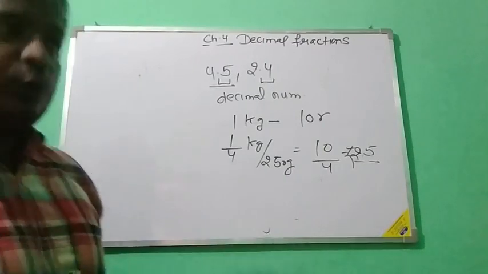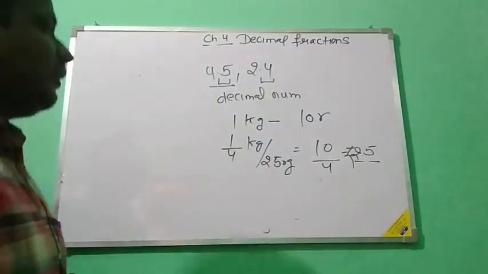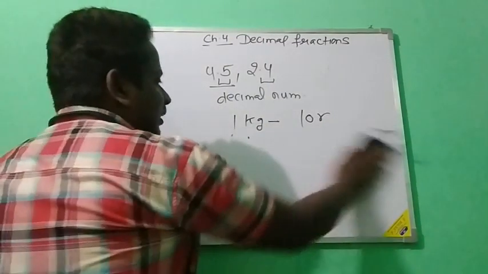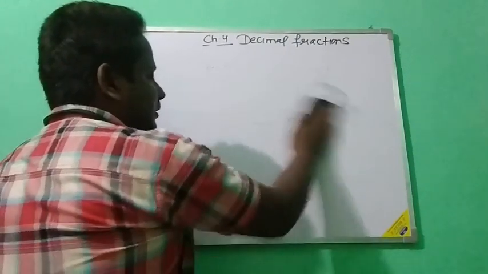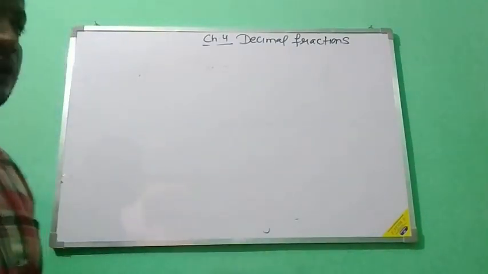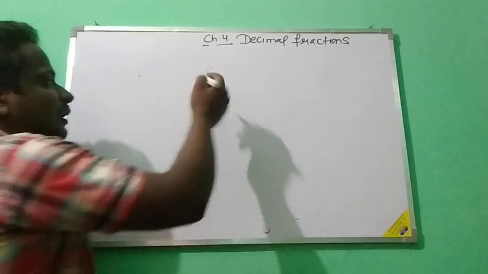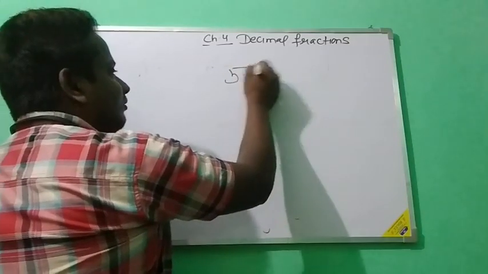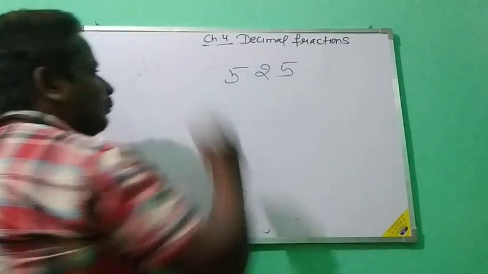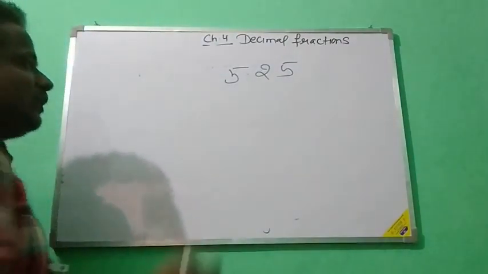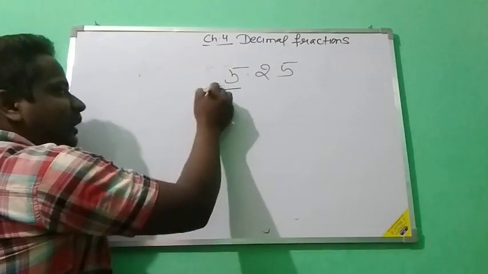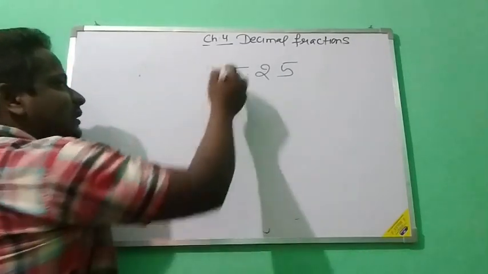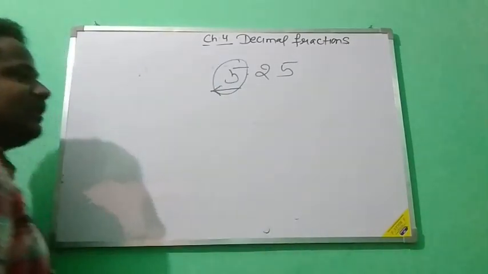There are some rules of reading and writing a decimal number. We will look at these rules. A decimal number is read like this. If I have a number like 5.25, the number to the left of the decimal is read as a whole. It will be read as 5.